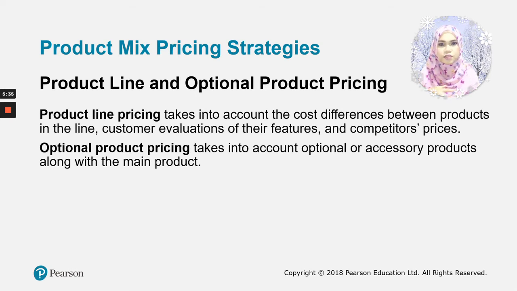What is PWP? It is purchase with purchase. Some products you sell at the main price for the main product, with an addition of some accessory products that you can buy at that time at cheaper prices. If you buy it separately at another time, it will be more expensive.